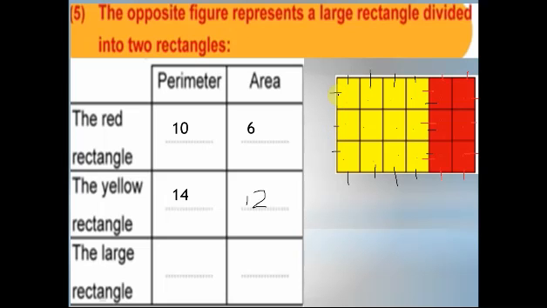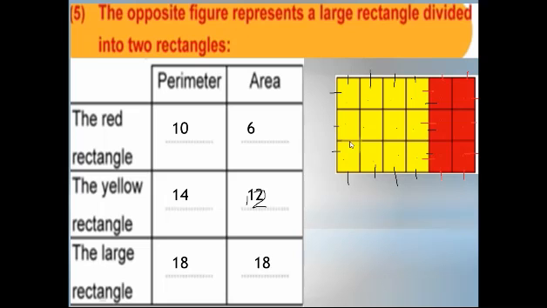So we are counting the outer lines to get the perimeter. What about the area? We will count all the units inside it. So it's 1, 2, 3, up to 18. So the area equals 18.